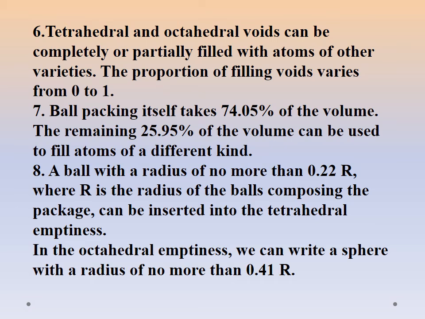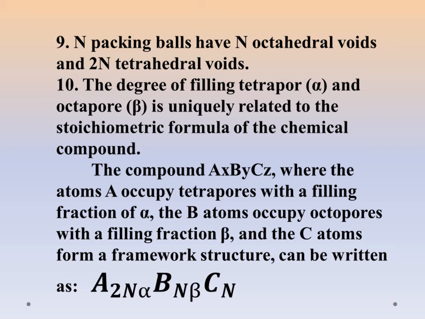In the octahedral voids can be inscribed balls of radius 0.41 R. For n balls in the packing, there are n octahedral and 2n tetrahedral voids. The degree of filling of tetrahedral and octahedral sites is uniquely associated with the stoichiometric formula of the chemical compound.